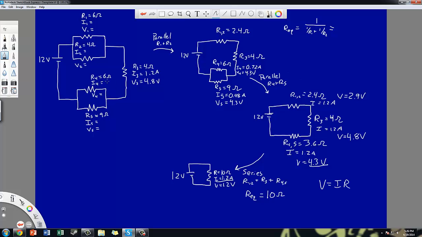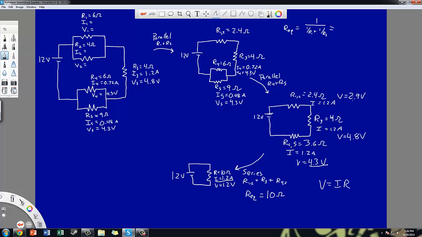And at this point, we are actually done with R4 and R5 as well. So I'm going to add in those numbers back on my original drawing, 0.72 amps and 4.3 volts and 0.48 amps and 4.3 volts. Only one last combination to cover, so I look at R12, and I want to think back here.